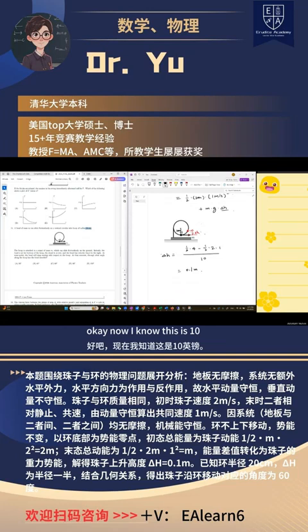Now I know this is 10 centimeters. What I want is this angle. That's a 10, and this is 20. I should mark this one. This is 10 centimeters, meaning this is 30 degrees. So this is 60 degrees. The result should be 60 degrees.